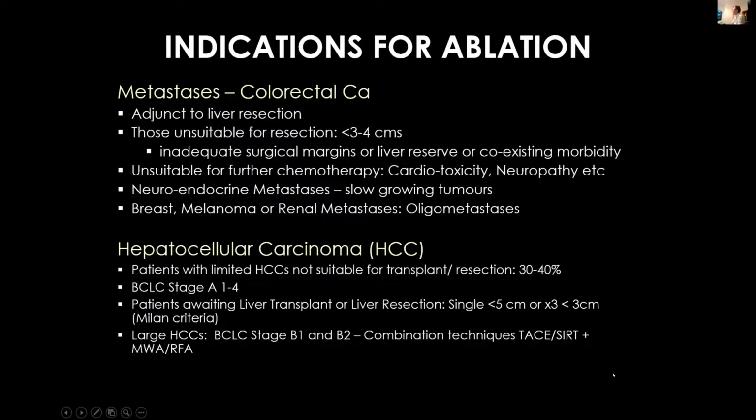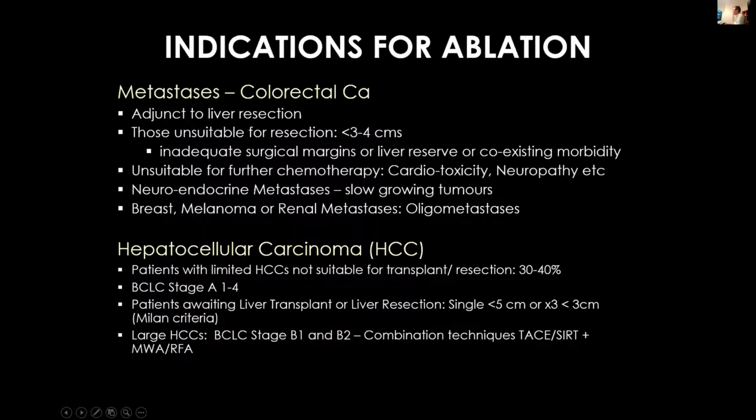First of all, what are the indications for ablation? It's really mainly used for colorectal cancer with liver metastases. It is used as an adjunct to liver resection, in combination with the surgery at the time of the operation, obviously. And clearly, there are also those patients who are unsuitable for resection, usually with lesions less than 3 to 4 centimeters. That's largely because of inadequate surgical margin or liver reserve, or because of coexisting morbidity.